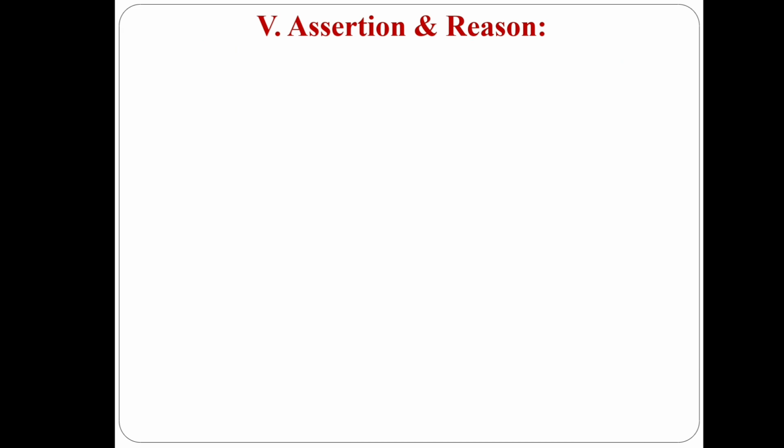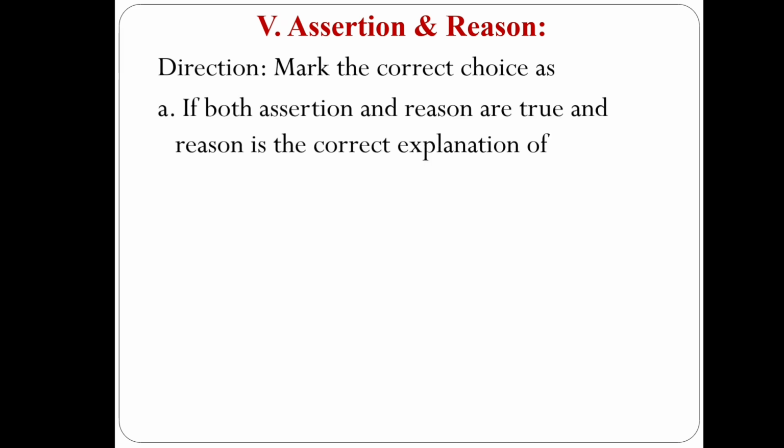Assertion and reason. What is assertion? It is a statement. So a statement and reason will be given. You have to find out whether the assertion and reason are true or false, and you have to select the option. Direction. Mark the correct choice as A if both assertion and reason are true and reason is the correct explanation of the assertion.